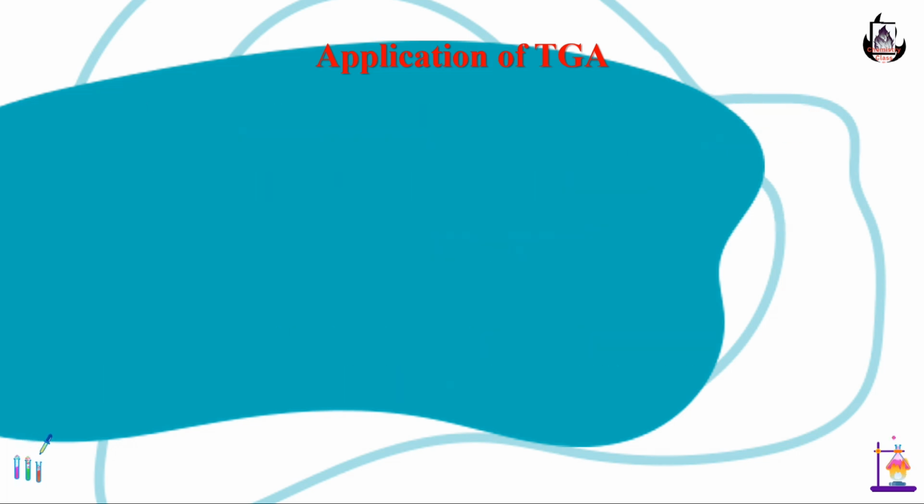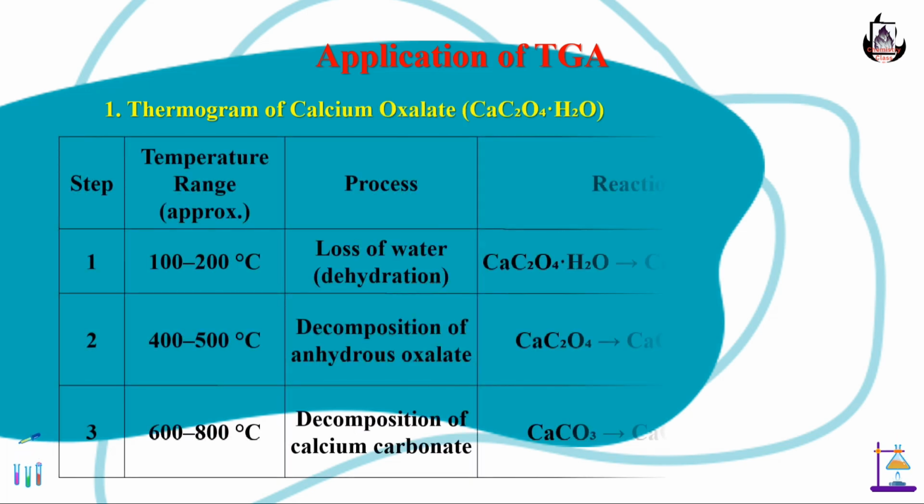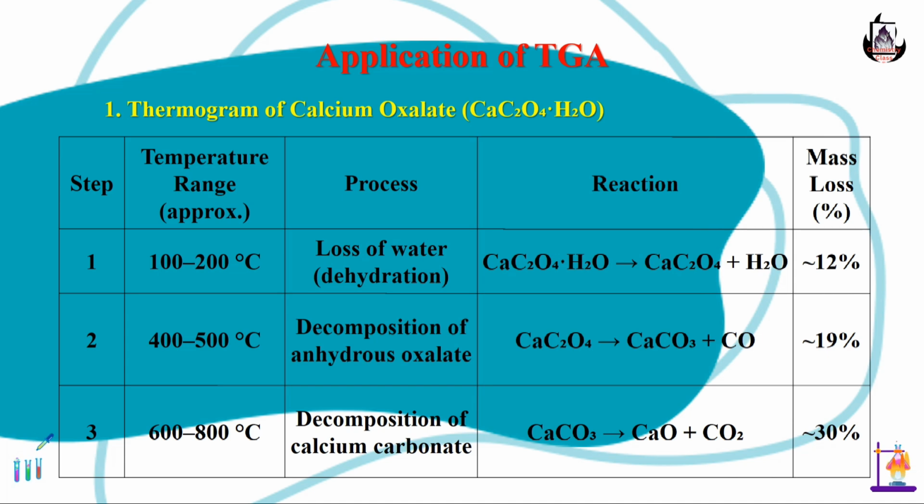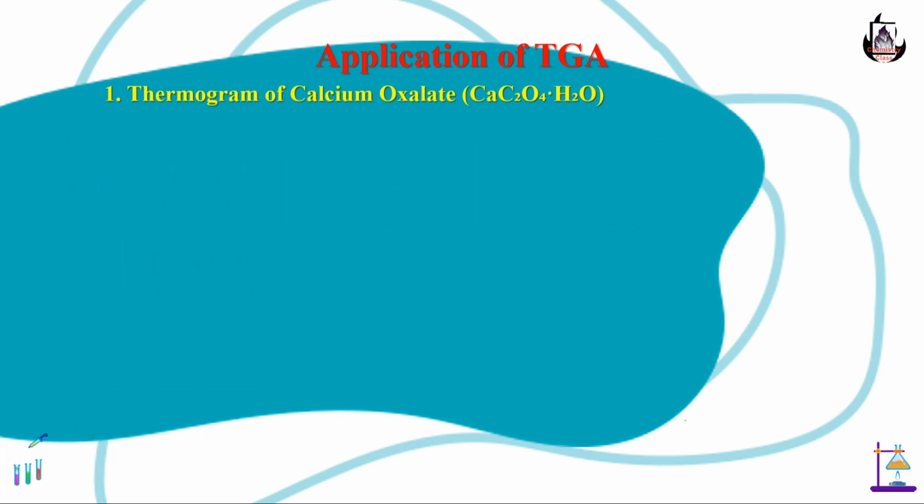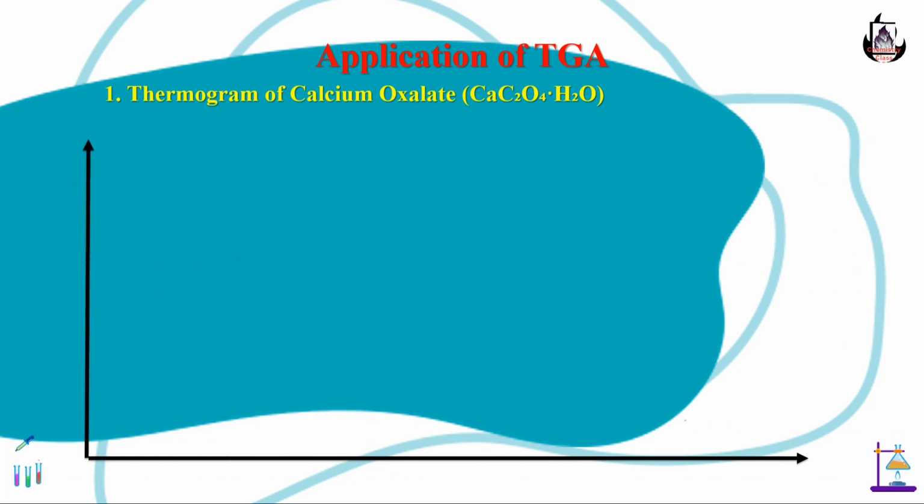Let us discuss one by one. Calcium oxalate on heating undergoes three main stages. In the first stage, it loses water around 100 to 200 degrees Celsius. In the second stage, decomposition of anhydrous calcium oxalate occurs around 400 to 500 degrees Celsius and it forms calcium carbonate.